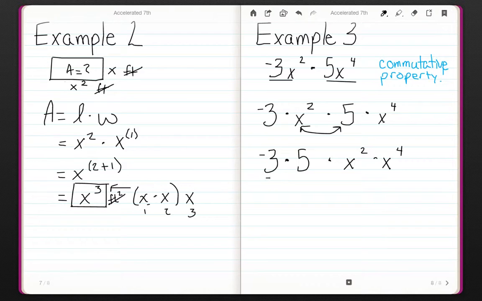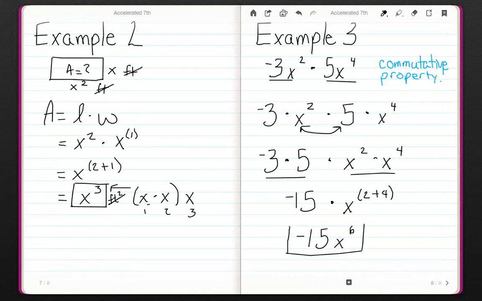And now I'm going to simplify my numbers, and then I will simplify my variables. So -3 times 5 is -15 times x to the 2 plus 4, or -15 times x to the 6th power. And this is my simplified answer.